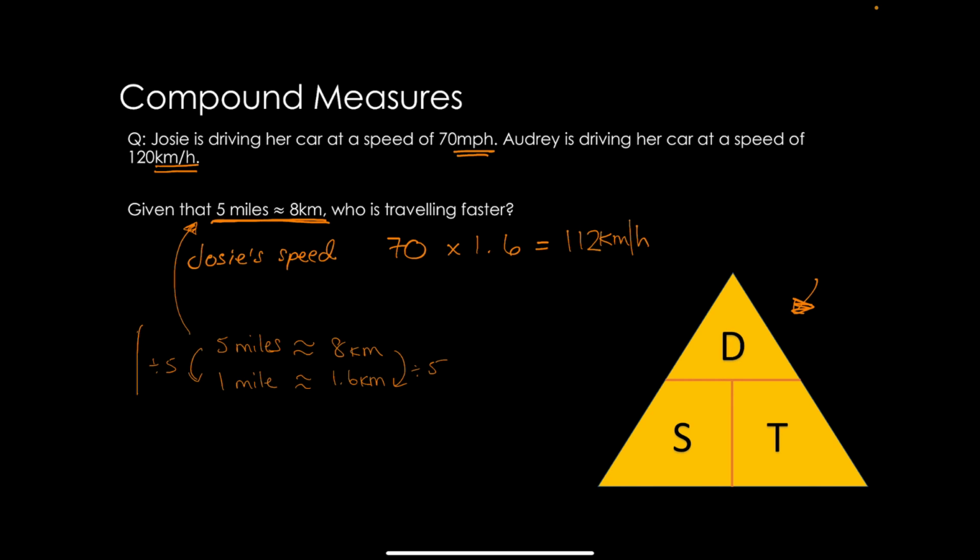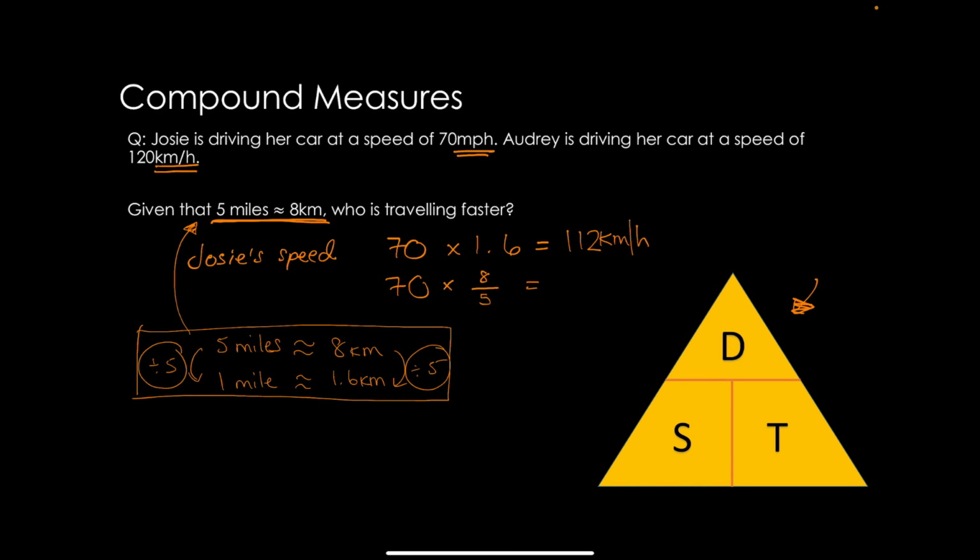Now, if you don't remember this, what you can do is write it as 70 times 8/5. It's the same because technically what you're doing is still dividing by 5, like I did here, but it might just remind you.